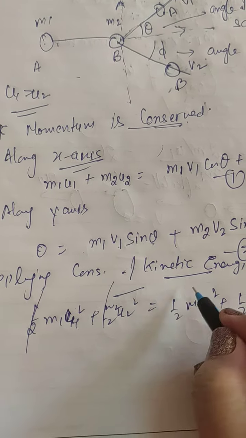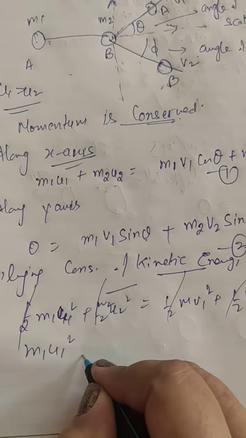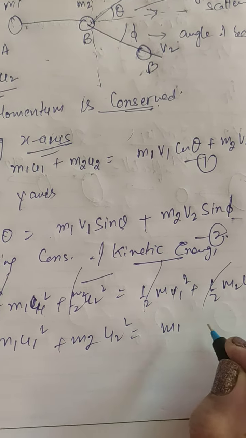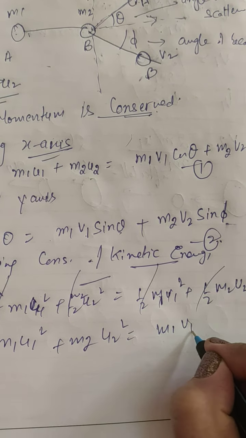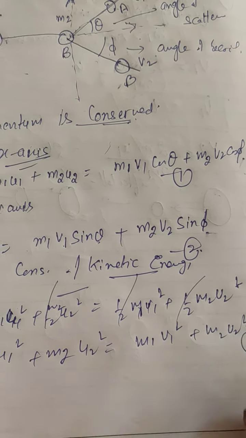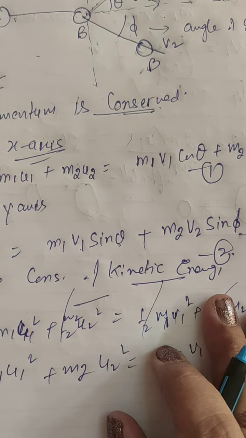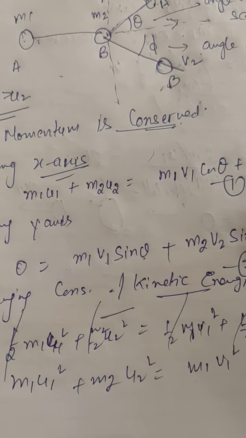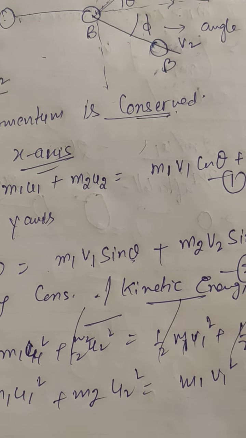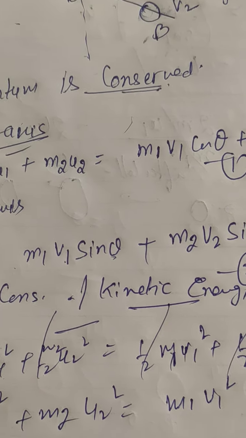The half will cancel out and we are left with m1 u1 square plus m2 u2 square is equal to m1 v1 square plus m2 v2 square. So we get three equations but we have lots of variables. If we know some of the variables, we can get the values of velocities v1 and v2. Now let us discuss the special cases of this.